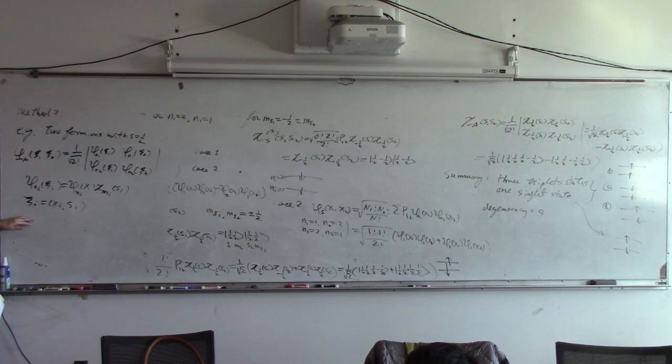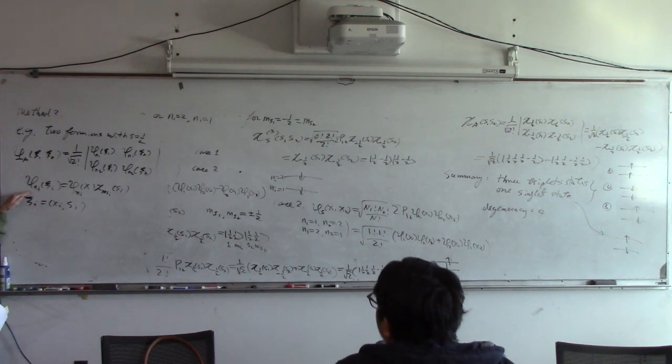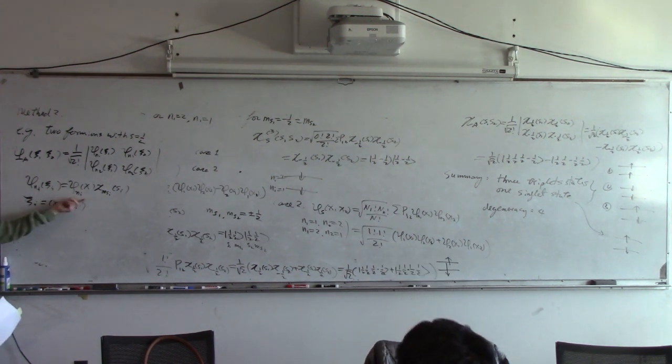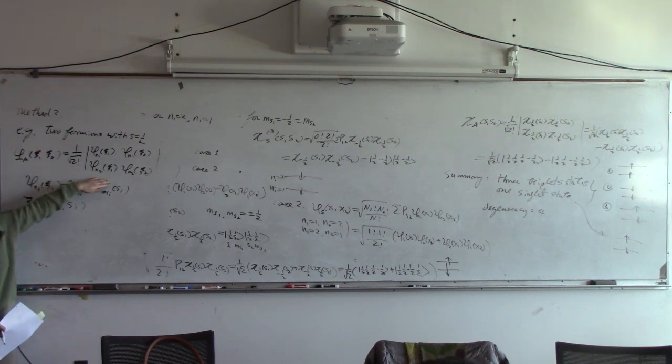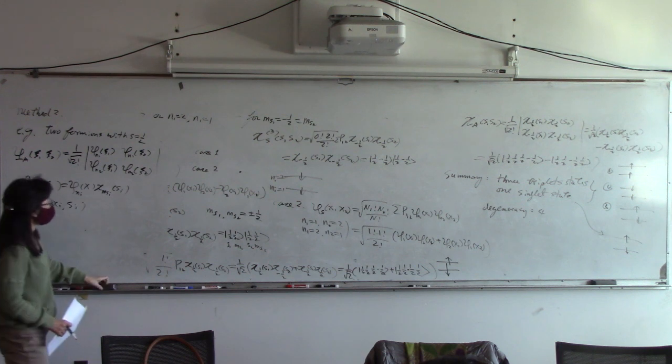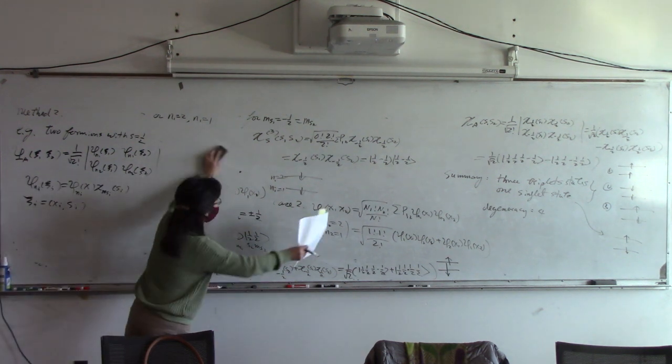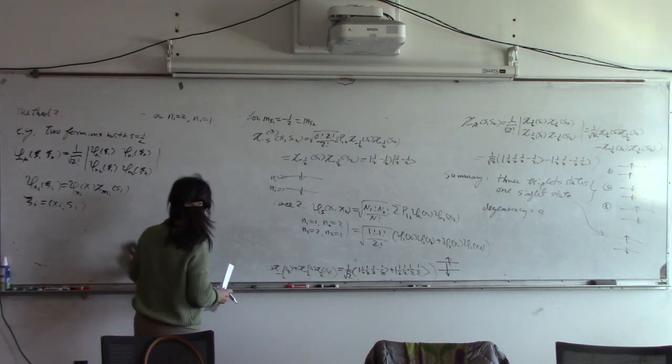So now you can see the difference. Here we first construct a single particle function with a product of spatial and spin, and then we construct the antisymmetric function according to this determinant. Let's do it, and you will find the same thing, but we are going to use this method.